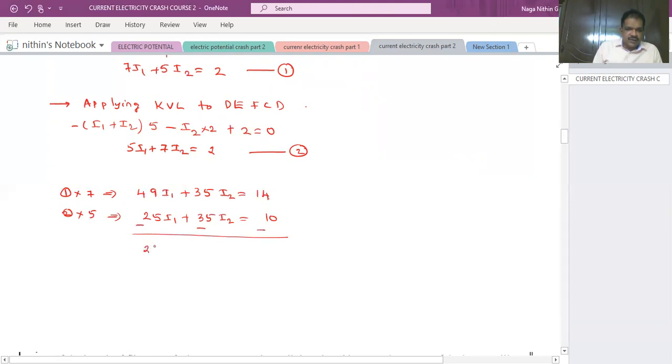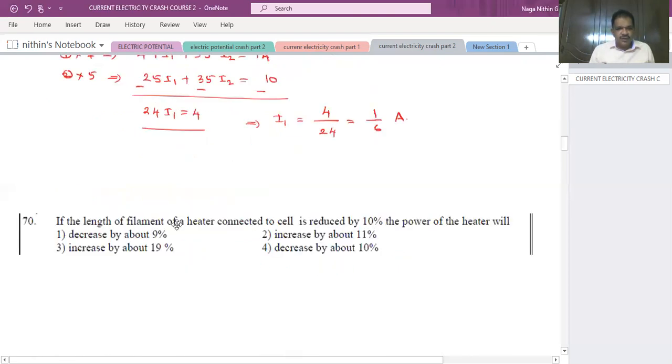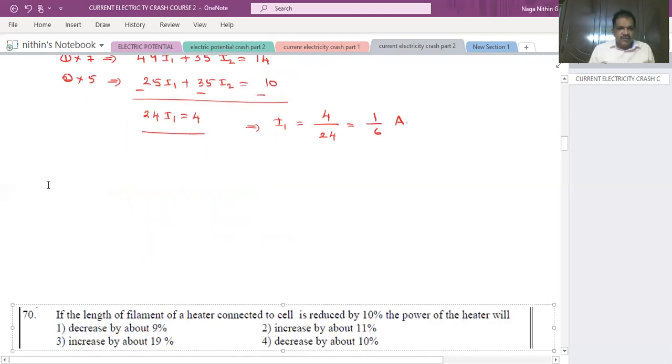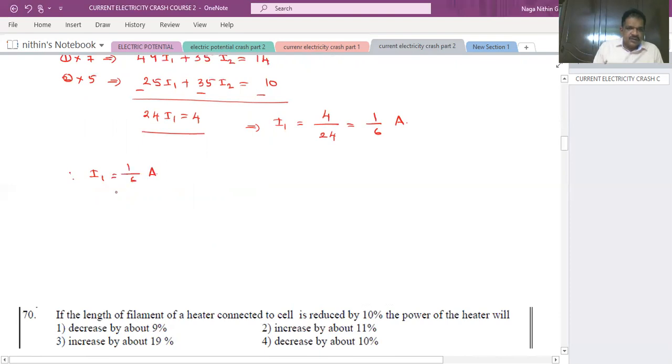So here 24 I1 is equal to 4. Then I1 is equal to 4 by 24. This is 1 by 6 amperes. Therefore, I1 is equal to 1 by 6 amperes.